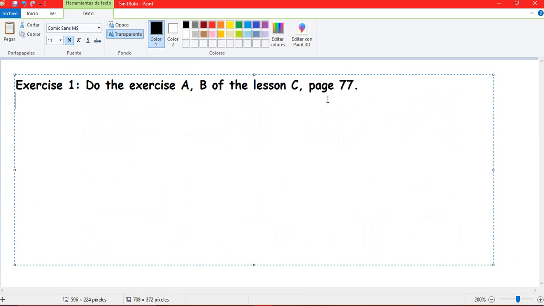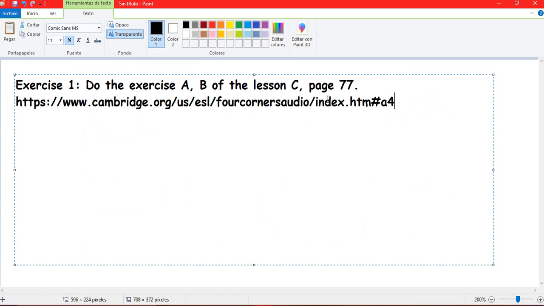So to verify exercise 1, you go to www.cambridge.org/us/fourcornersaudio/index.html hashtag A4. The A4 indicates that it is book 4A and 4B.